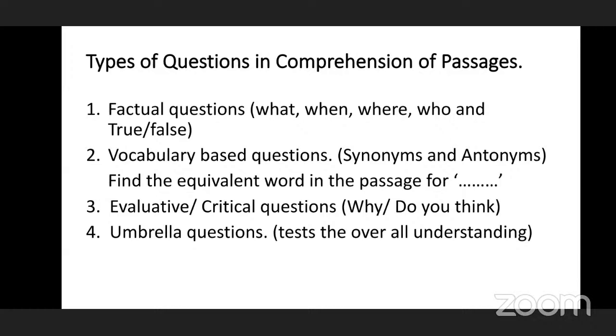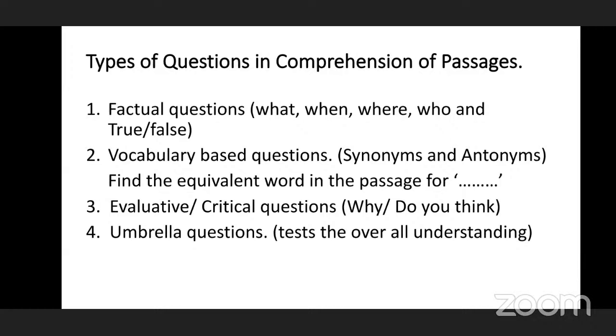You might or might not find a direct answer for these kinds of questions. For factual questions and vocabulary based questions, and sometimes for evaluative questions, you might find direct answers in the passage. Whereas for umbrella questions, there are the least chances of directly finding the answers in the passage. It tests the comprehending ability of the reader.